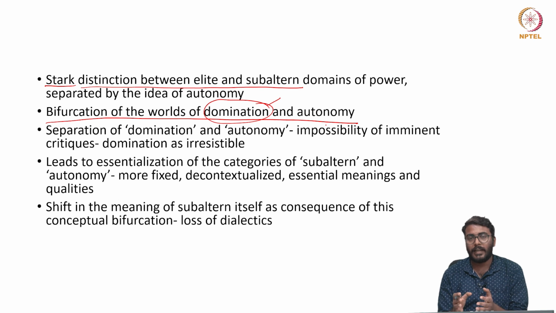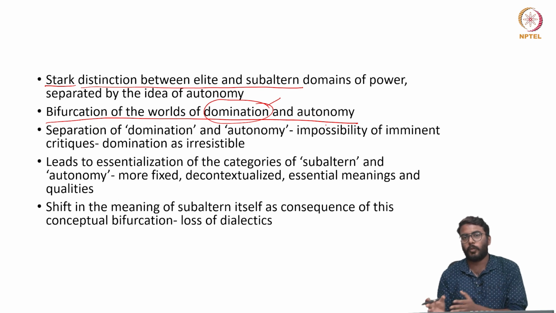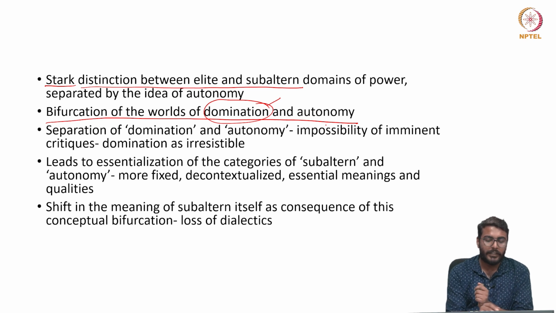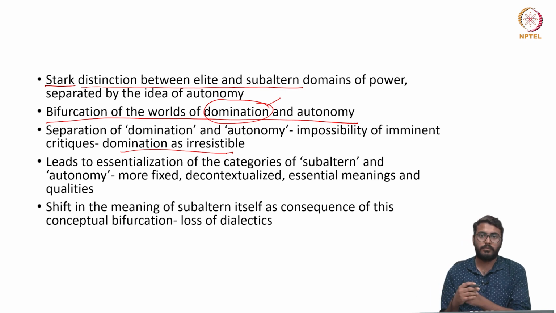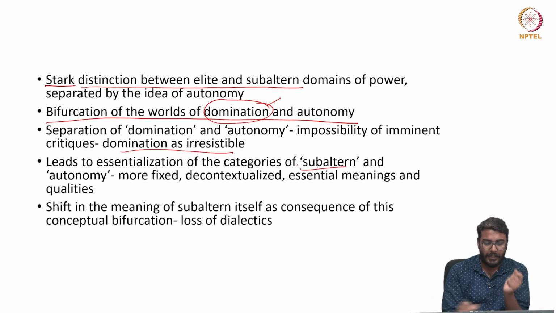And he says, if one has to see domination and autonomy in two separate spheres, then one has to see that domination is irresistible, right? If domination takes place as a separate activity, which does not affect or influence peasant consciousness at all, then resistance is impossible, right? And he says this led to an essentialization of the categories of subaltern and autonomy.